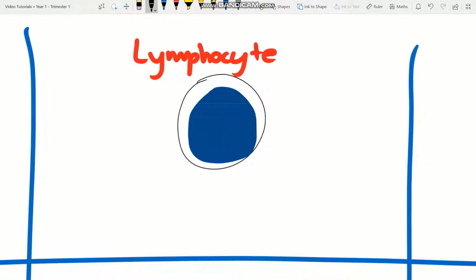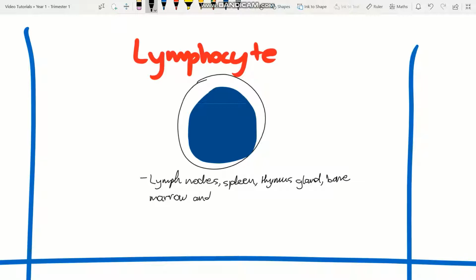And lymphocytes are present mainly, as their name suggests, in the lymph nodes, but also in the spleen, thymus gland, bone marrow, and gut wall.